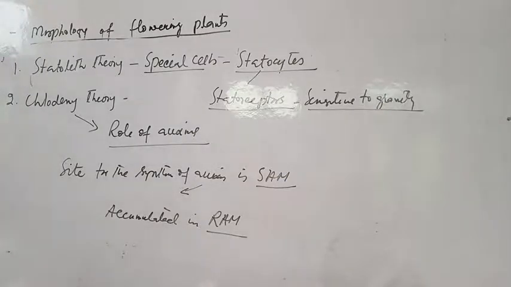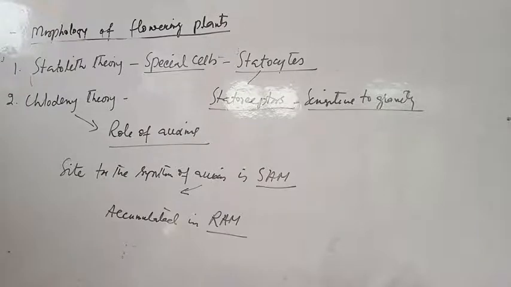And when this auxin is accumulated in the RAM, its net weight increases and hence it moves towards the center of the earth. It is a concept given by this theory.